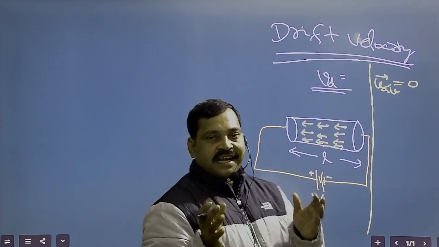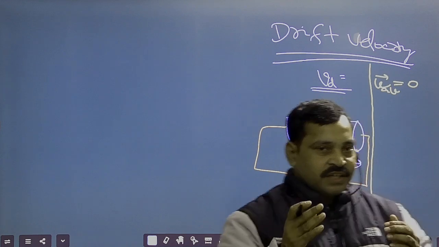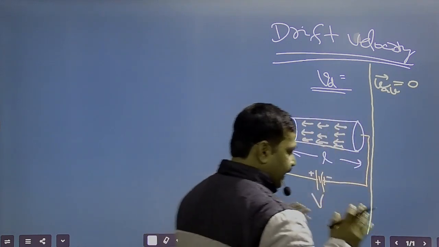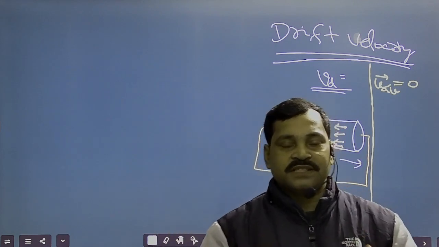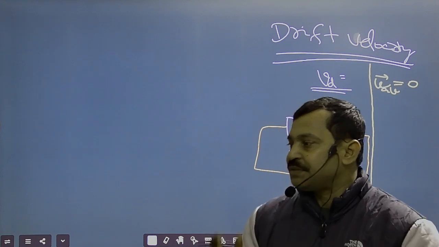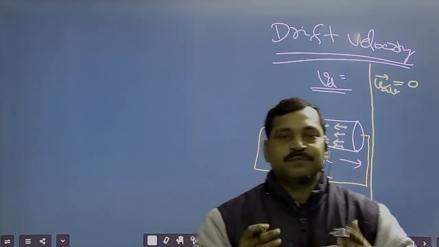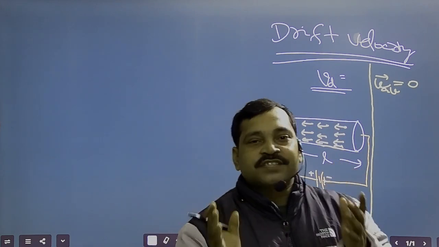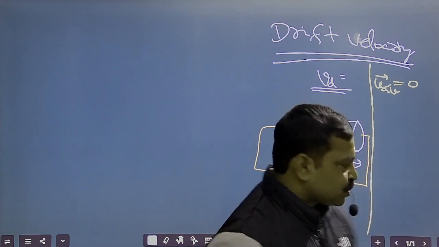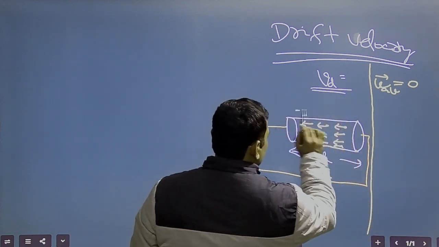So this is the direction of the electron flow. Now the direction of current: this is the conventional current. Conventional current means the direction in which the positive charge is moving, so it is opposite to the direction of electron flow. The current will flow in this direction.